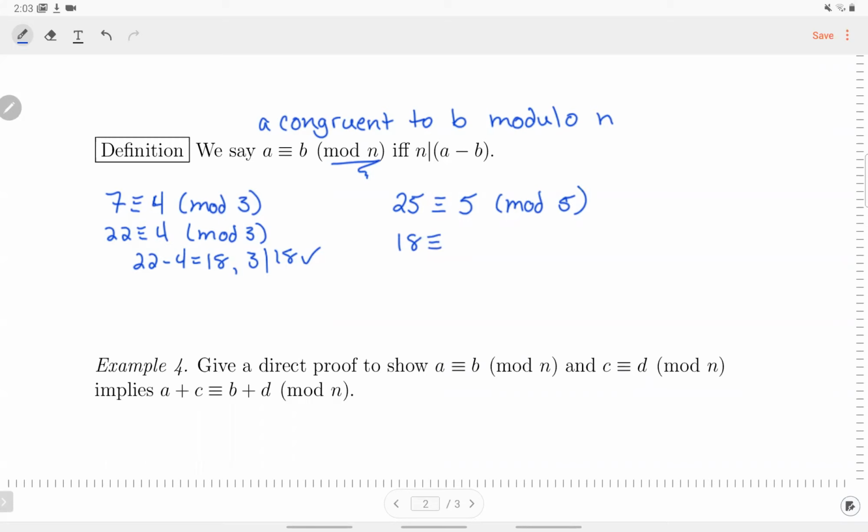So that would be congruent to 33 mod 5, because 18 minus 33 is negative 15, and 5 does divide negative 15. All right, so that's modulo. That's the idea of it. Let's see how it works in a proof.